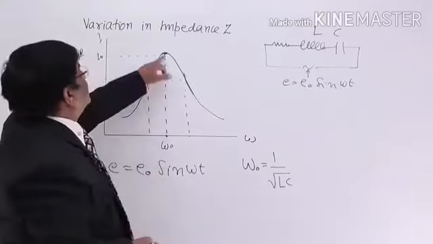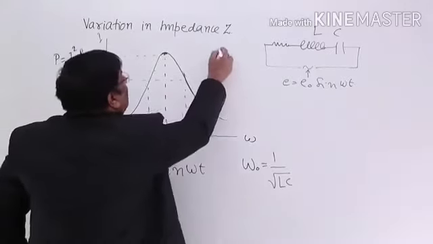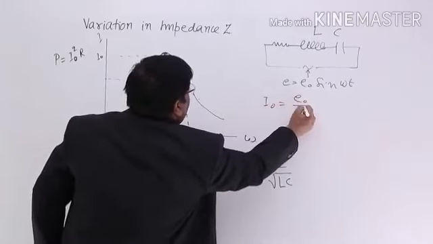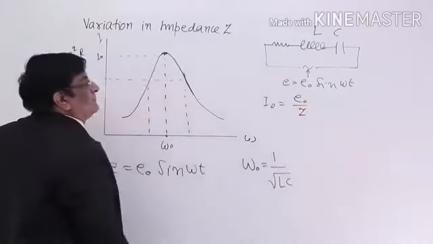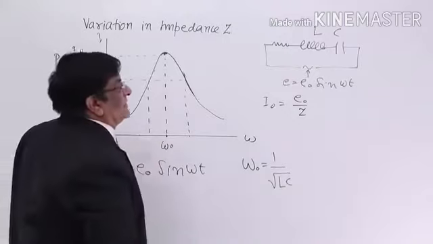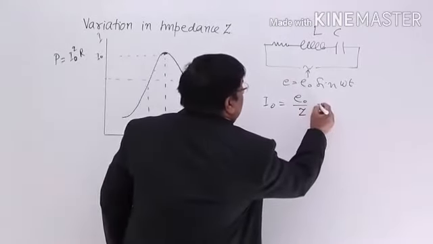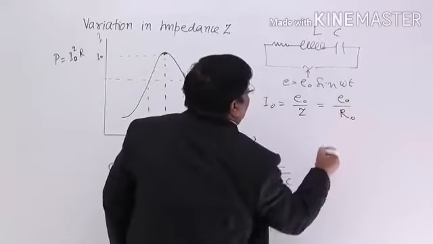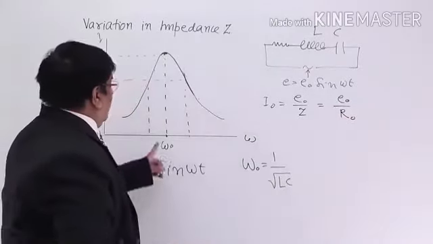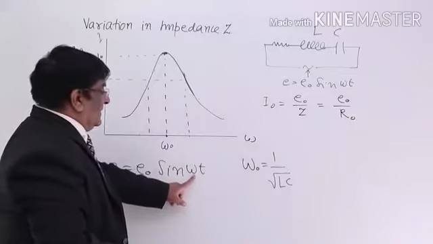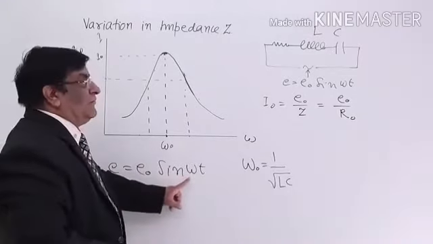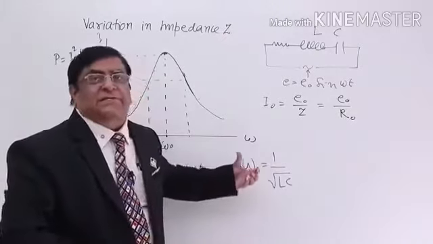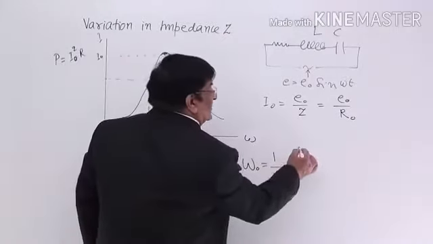Now, how much is this current? I naught is equal to E naught upon Z. At natural frequency, Z is equal to R. So, we can say E naught upon R. When we are applying a frequency of EMF equal to the calculated natural frequency, this condition is known as resonance.